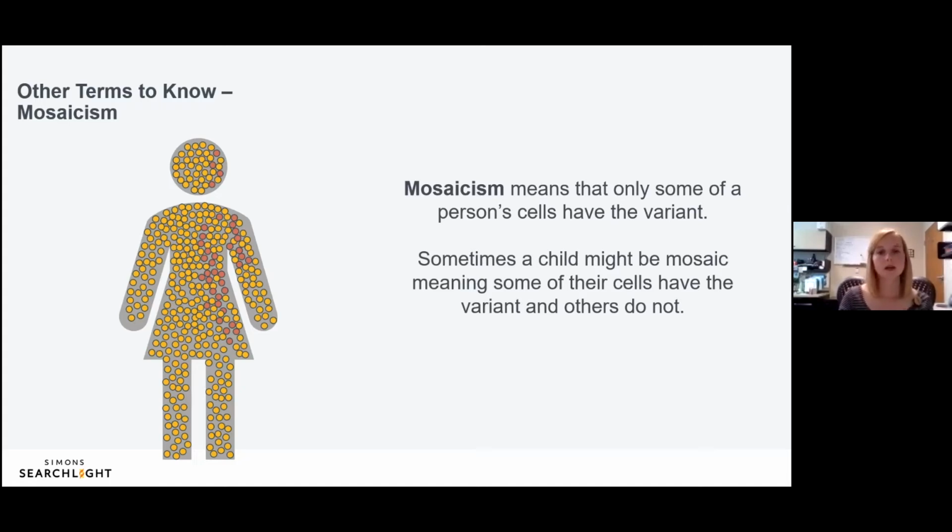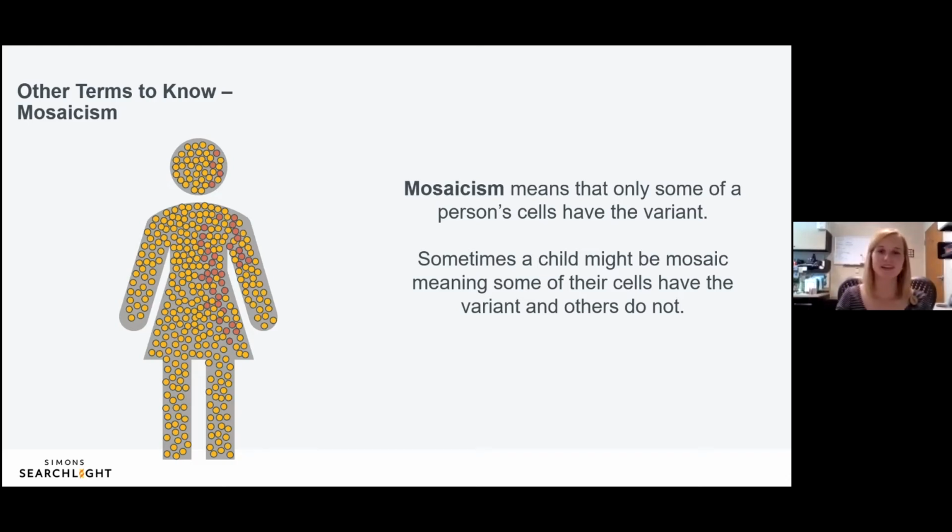What we can sometimes see, though, is that people can also be mosaic for a gene change. So that's what this picture is showing here, that the red cells throughout somebody's body have, in this case, a GRIN2B gene change. This would happen if at some point during development, the change happened new in a cell.